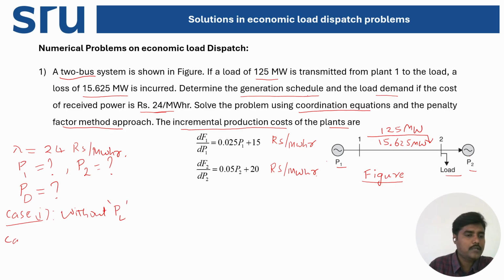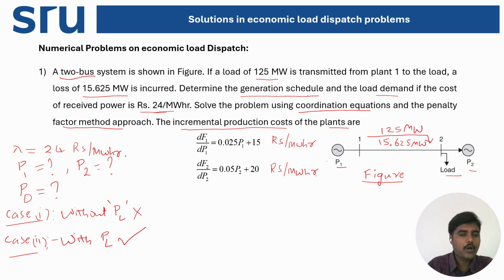Case 2 is nothing but considering the losses with PL. Here, as per the problem statement, there is a power loss of 15.625 megawatt. That means this particular problem belongs to case 2, not case 1.